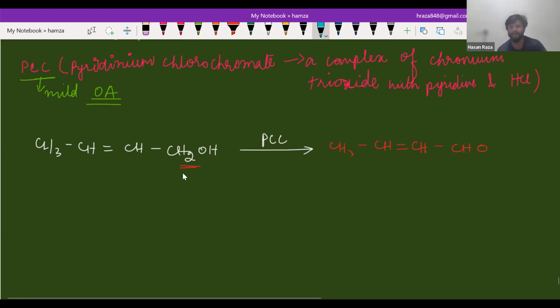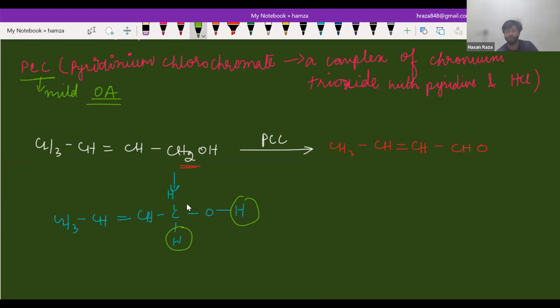How can I write CHO at the place of CH2OH? It's very simple to understand. Before this, all the part will be the same: CH, CH, double bond. In oxidation, what I taught you is very simple. Just remove hydrogen from oxygen and remove hydrogen from the carbon to which OH is connected, not from any other carbon.